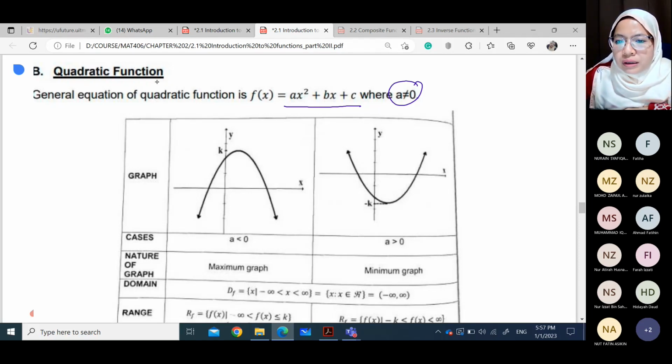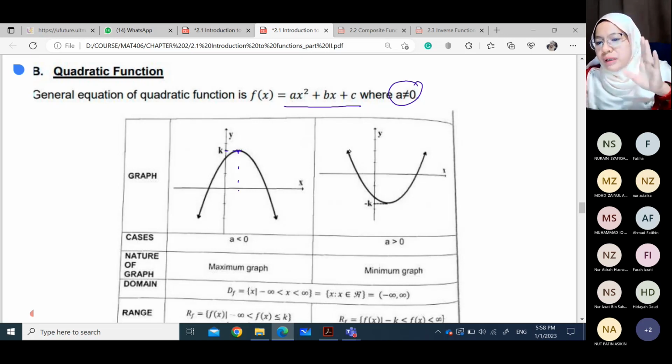Okay, so graph for quadratic function, we have two types of graph. It is a maximum graph and minimum graph. Kita panggil sebagai maximum sebab untuk graf yang ini kita ada maximum point dia. So maximum point adalah berada di sini. Kalau untuk ini kita panggil minimum sebab pada dia punya vertex.